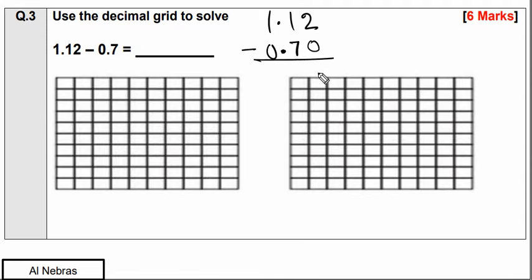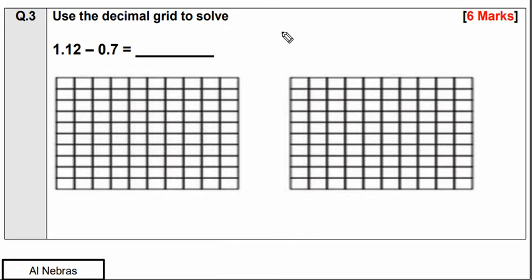Now 2 minus 0, 2. Can you do 1 minus 7? No. So what will you do? You will carry forward from here. This will become 11, and here you will do minus 1. 11 minus 7 is 4. Minus 1 plus 1, 0, and then again this is 0, so 0.42. That will be your answer.